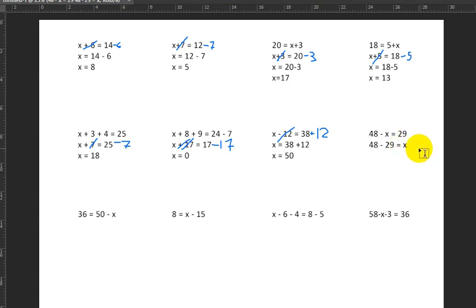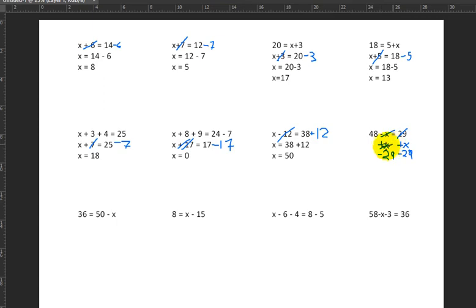Now, if you want a detailed description of why we did that, I am going to remind you that what we do is we simultaneously, that means at the same time, add x to both sides, which cancels out this minus x, but we also subtract 29 from both sides, which cancels out this 29.